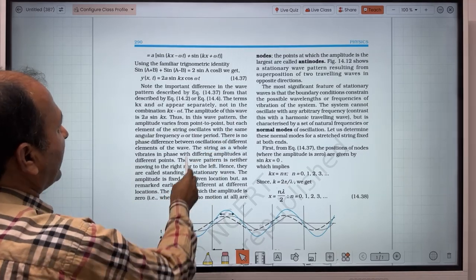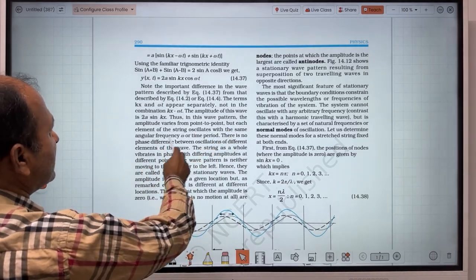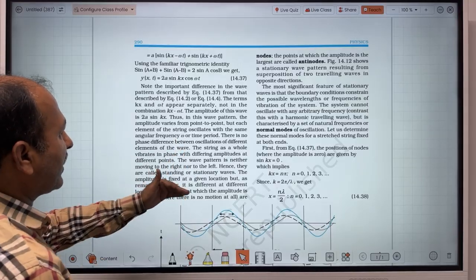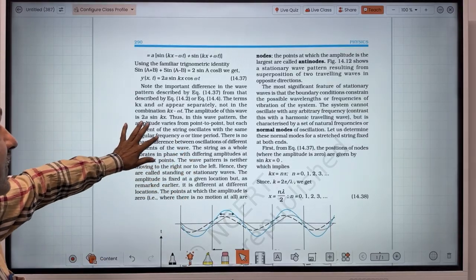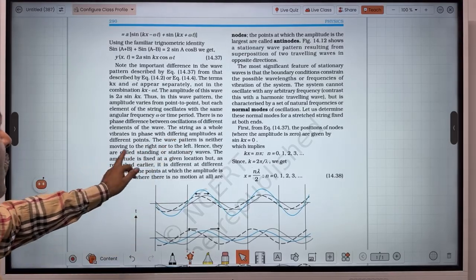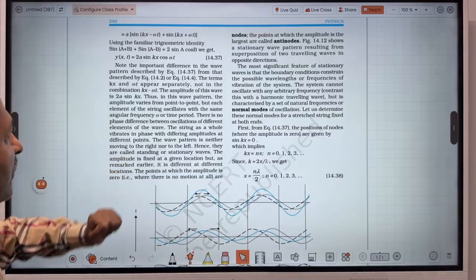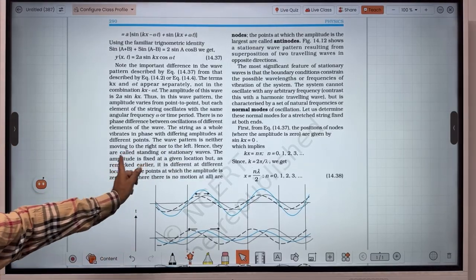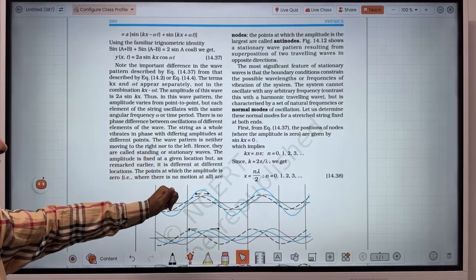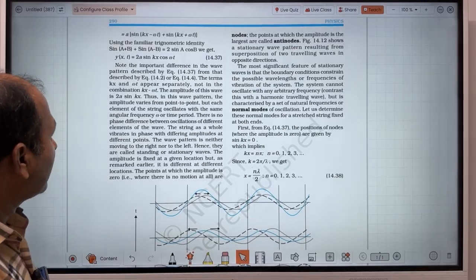Thus, in this wave pattern, the amplitude varies from point to point, but each element of the string oscillates with the same angular frequency ω or time period. There is no phase difference between oscillations of different elements of the wave. The string as a whole vibrates in phase with differing amplitude at different points. The wave pattern is neither moving to the right nor to the left. Hence, it is called a standing wave or stationary wave.